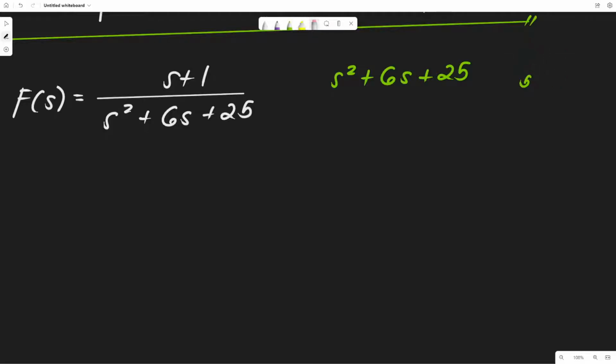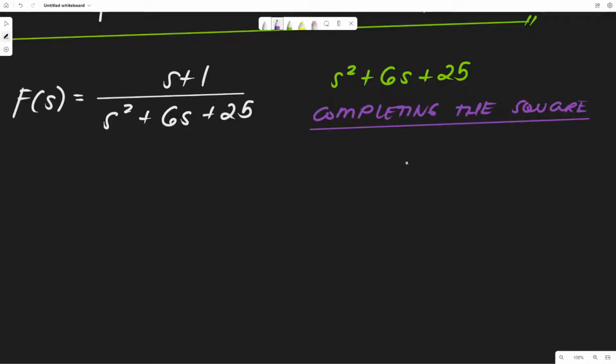So we are going to use completing the square. From the polynomial s squared plus 6s plus c plus 25 minus c, we need to add and subtract a number that will make this a perfect square trinomial.